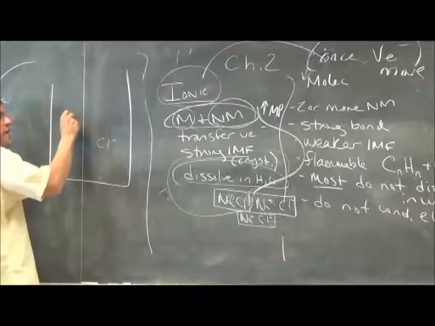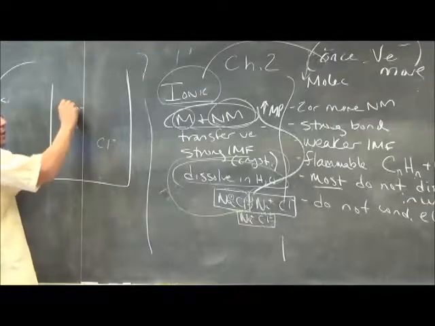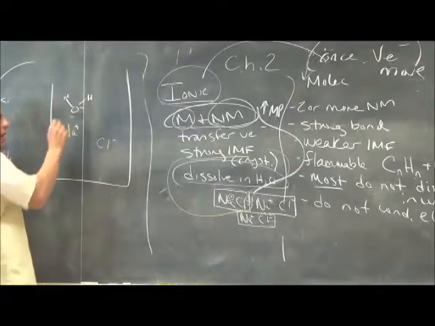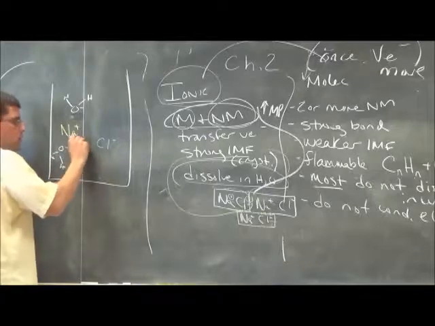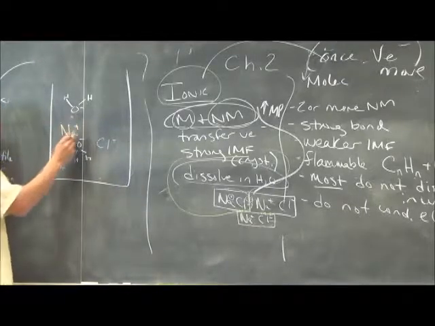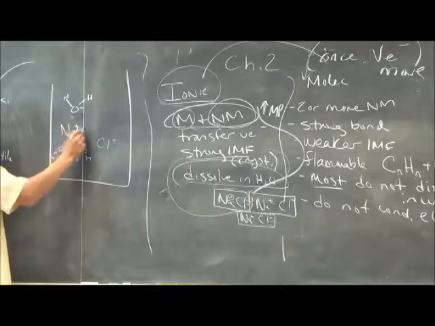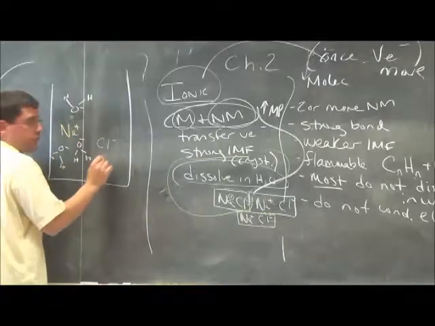Water's going to put its negative end, which is oxygen. We talked about this. And surround it, so the negative end, the polar negative end, likes this charged ion. So the oxygen goes near the positive sodium. While near the chlorine, water surrounds it also.